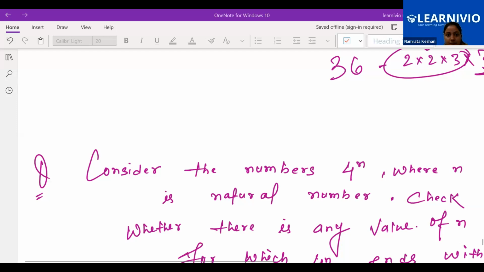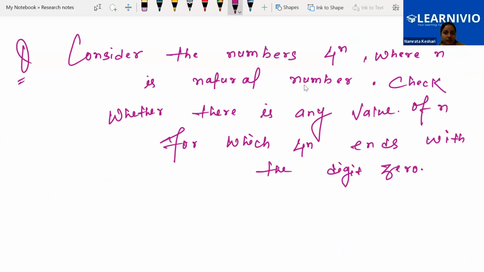Okay, let's see what this question says. First, we will understand the question, then we will think about solving it. The question says, consider the number 4 to the power n, where n is a natural number.